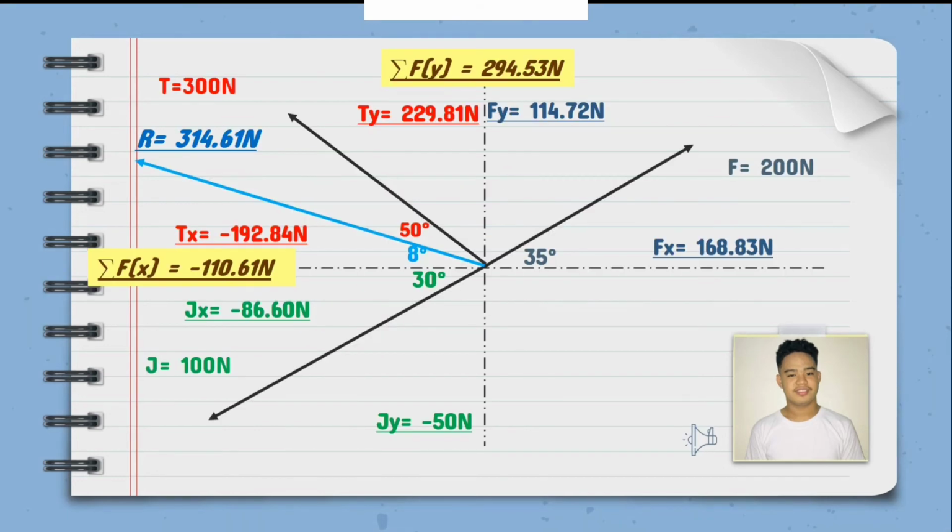Now we complete the missing variables: our resultant force is in quadrant 2 and our angle is 8 degrees, our summation of y is 294.53 Newton, and our summation of x is negative 110.62.